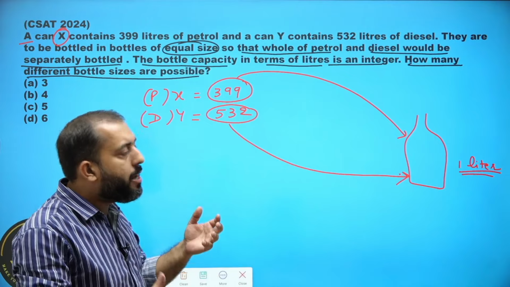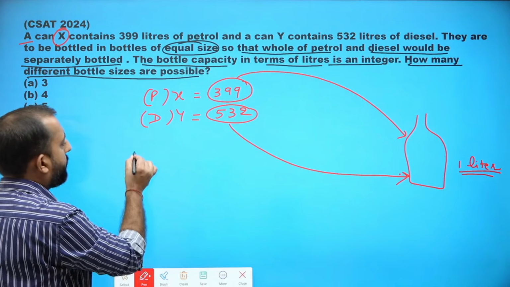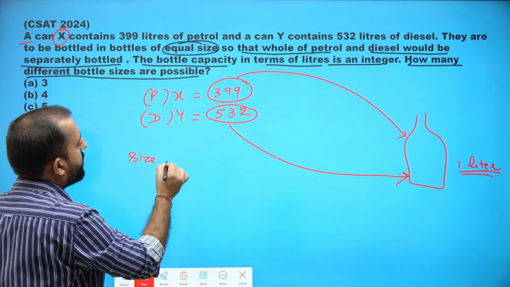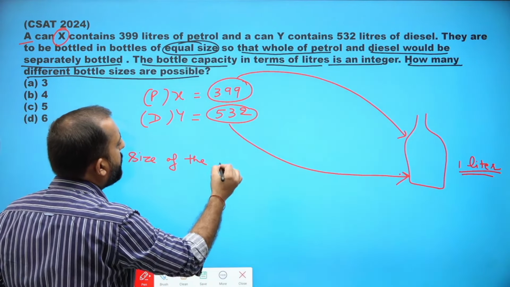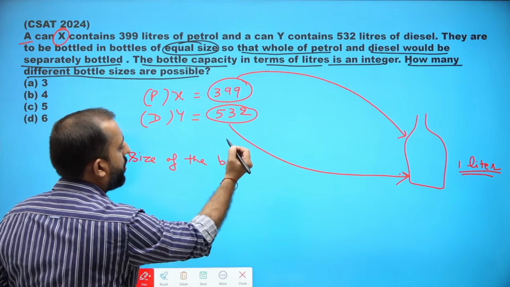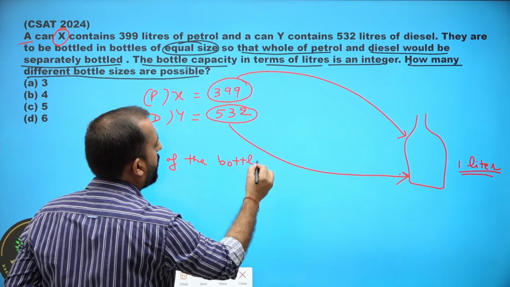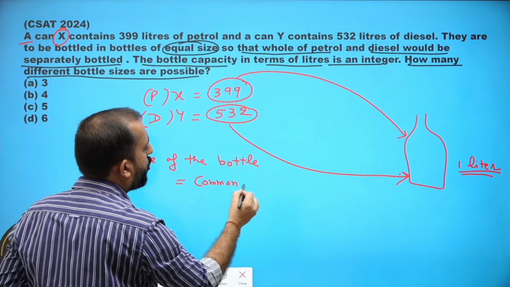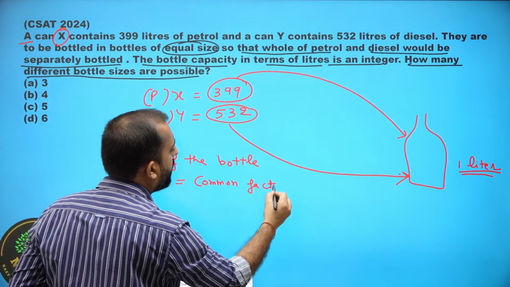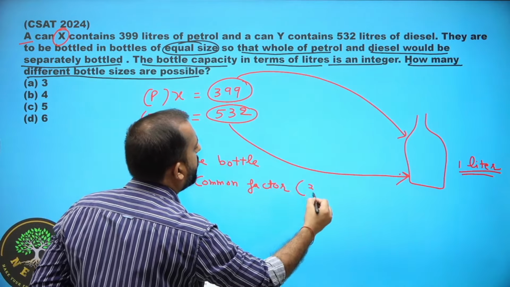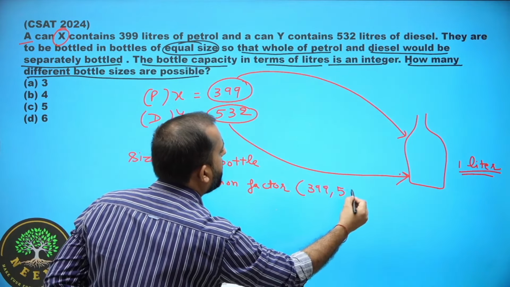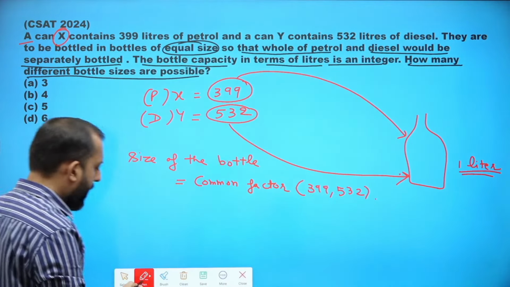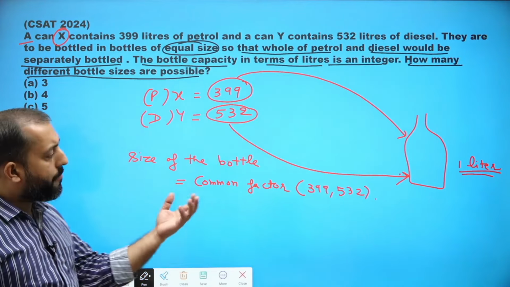So basically the size of the bottle should be a common factor of 399 and 532. The size of the bottle should be a common factor.